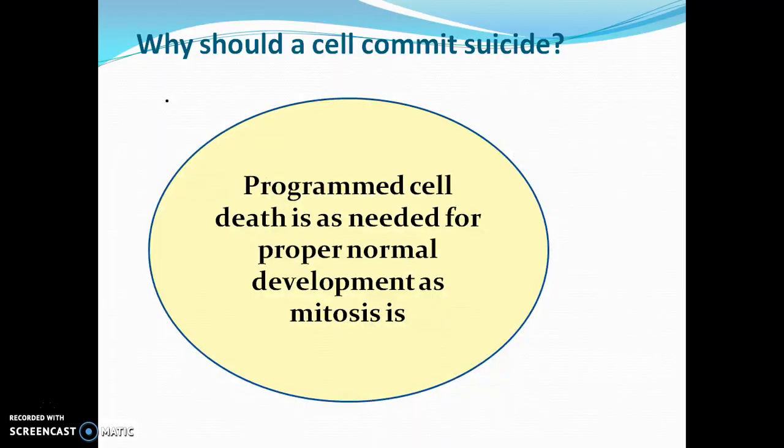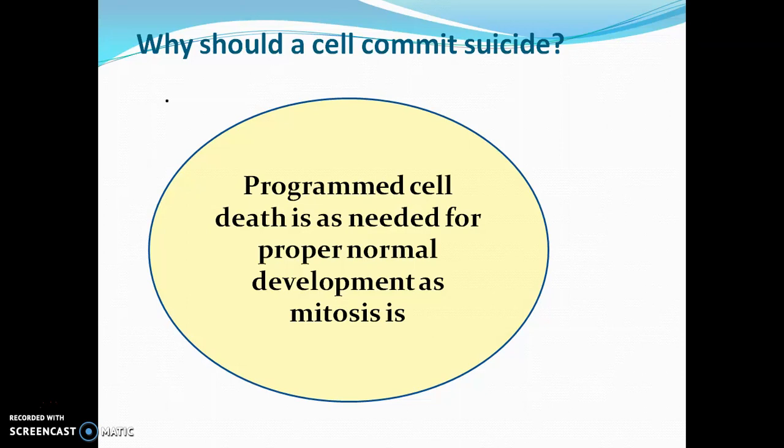Now the question should arise in your mind: why should a cell commit suicide? Basically, programmed cell death is needed for proper normal development, just as mitosis is. You all know that cells divide by the process of mitosis, and if cell division goes on and on, it ends in abnormality, or you can see it in malignancy.